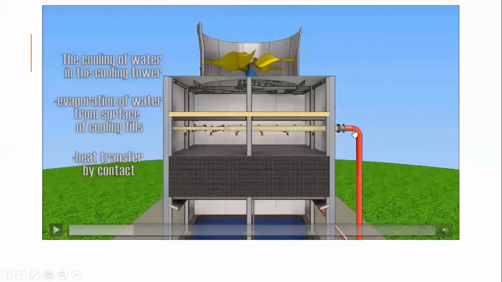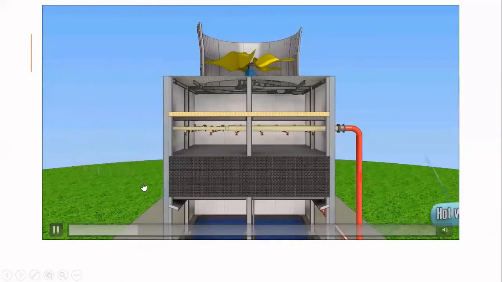So that hot water is passed through this pipe, and water is coming like this through this pipe which is white in color. And here you can see some nozzle kind of thing. So these are sprayers. Through the sprayers, the water will be sprayed over this particular surface, and this surface is called fills. We will proceed with the animation.